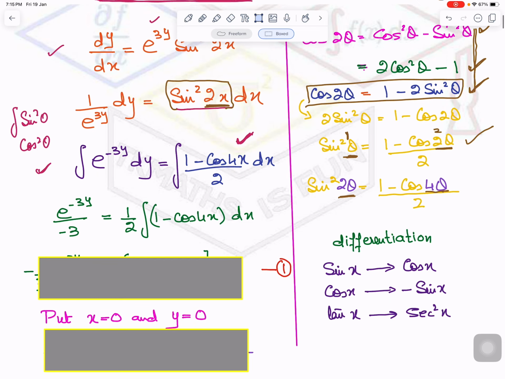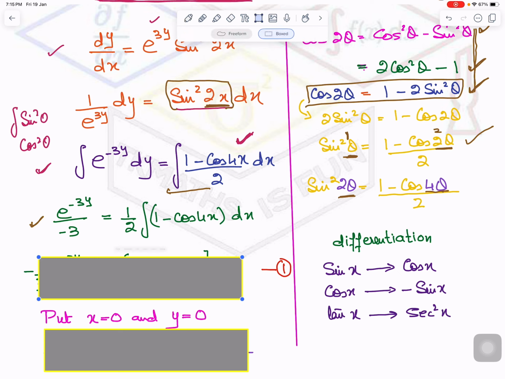So now you can see here I have integrated it. And here what I have done? 1 upon 2 I have taken out, and what is left inside is 1 minus cos 4x.